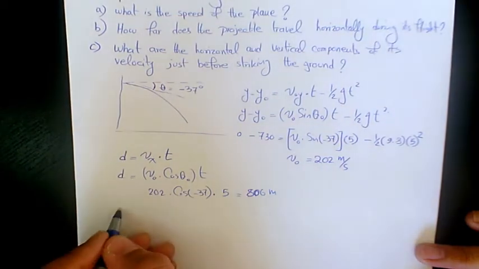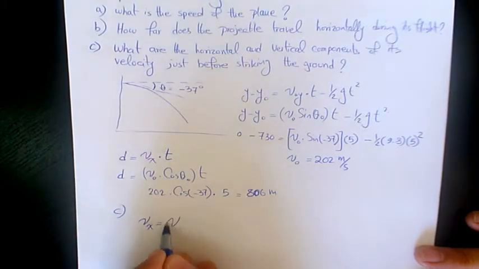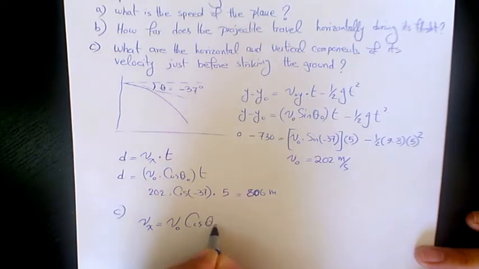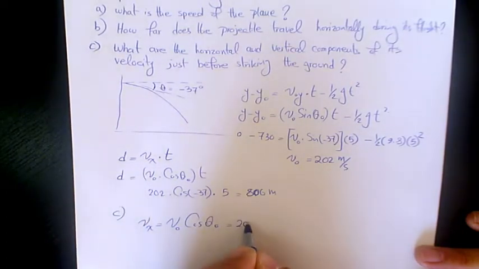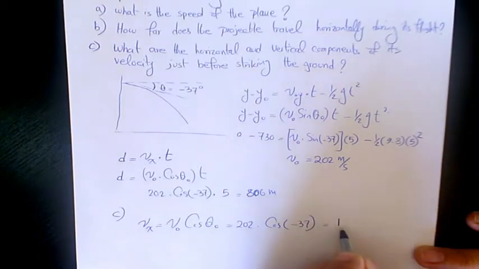Now after that, we need to find out the x component of velocity and the y component of velocity, horizontal and vertical. Vx is V naught cosine theta naught, which is 202 times cosine negative 37. That will be 161 meters per second.